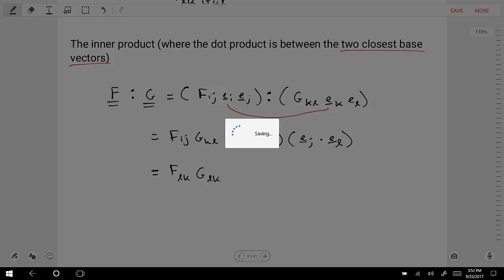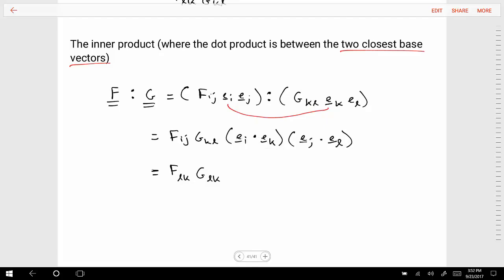And so by using and manipulating the relationships that we know about dyads, the relationships we know about base vectors, we're able to do a lot of interesting things, from identifying vectors, identifying tensors, doing the dot products of tensors, and doing the inner and outer product.